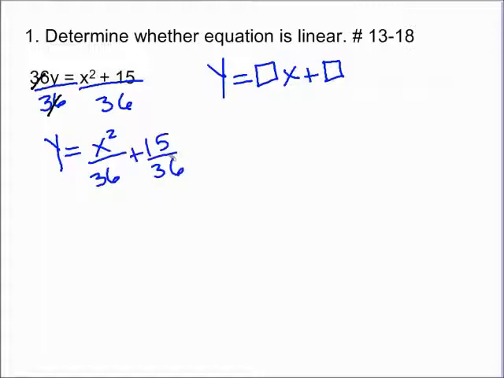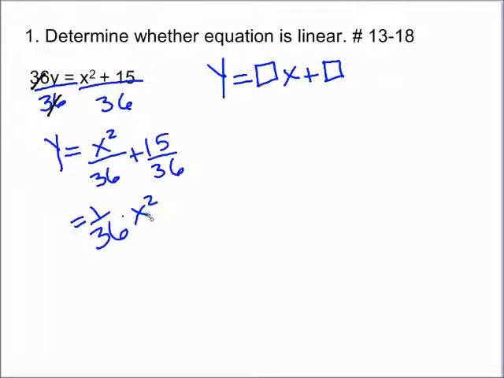Now this awkward fraction is okay because it is a number alone and it could fit into there. And x squared over 36, that's okay because that's just really 1 over 36 times x squared. So 1 over 36 is a fine slope.